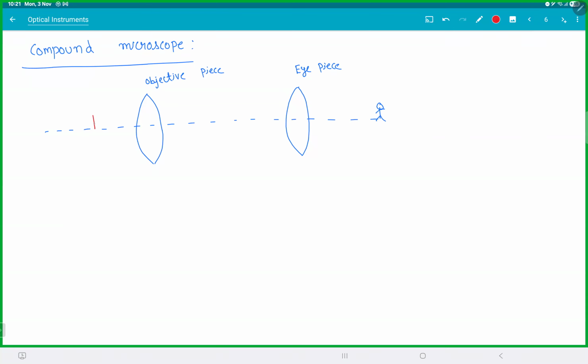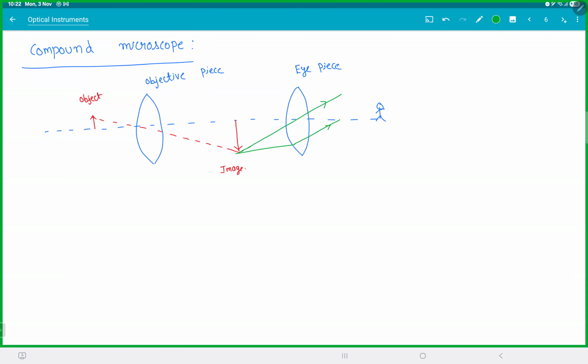So we have the object here. First the objective, what will it do? The objective will create a magnified image. And this magnified image, you look at through the eyepiece. You're getting it?